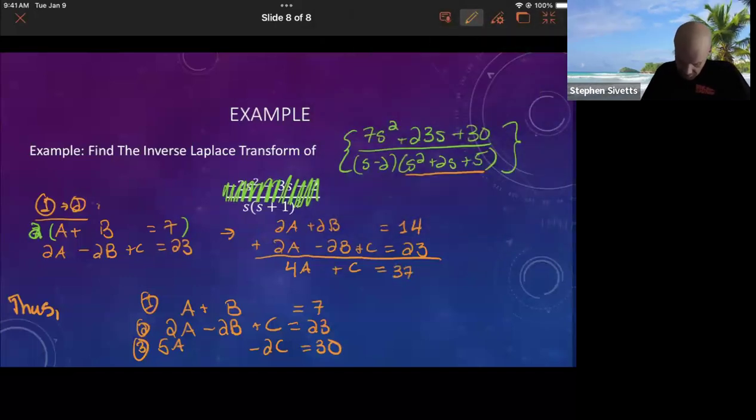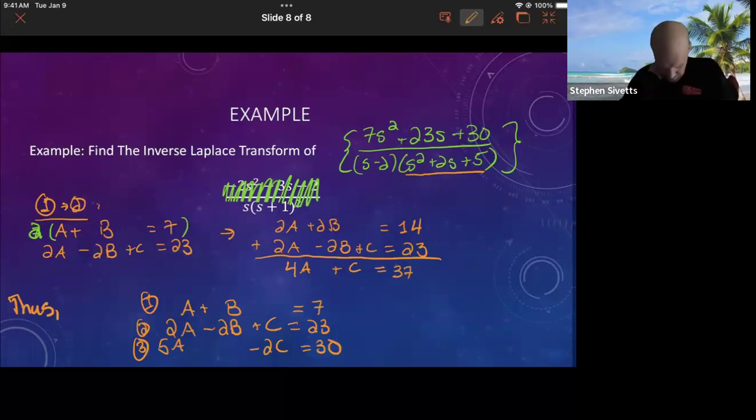Also, if I use equations 1 and 3, I need to eliminate b.